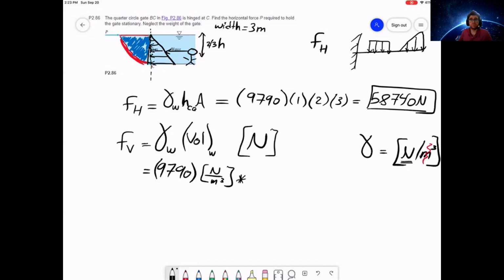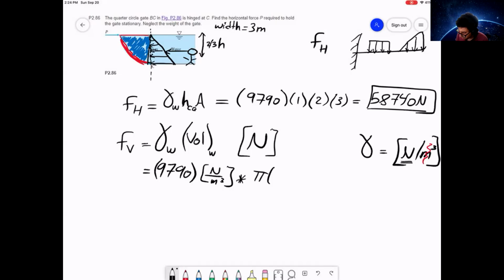How would you calculate the volume of water in this case? You guys know? It'd be pi times 2 squared over 4 times 3, the volume of the little quarter circle. Exactly.